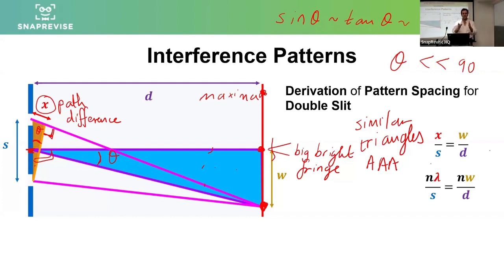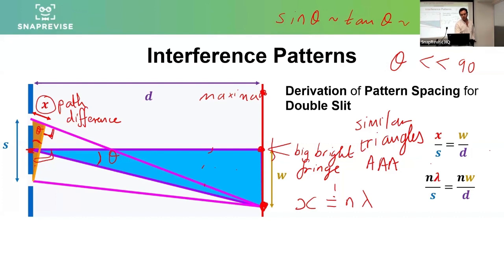Okay, here's where the physics comes in. If we are going to form a maxima, the path difference between these two needs to be a whole number of wavelengths. X has to be a whole number of wavelengths. It could be 0, but that represents the situation where it's in the middle.